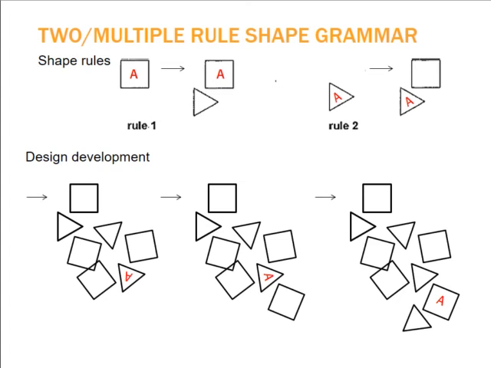But maybe this kind of composition is good if you want to produce like a painting, okay? So you want to produce abstract painting using these two shapes, triangle and square. So rather than simply putting the shapes anywhere you like, you can use the rules to control the movement or the position of the shapes. Okay, understood?